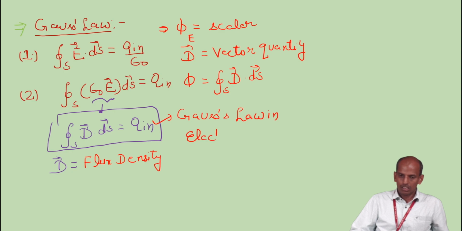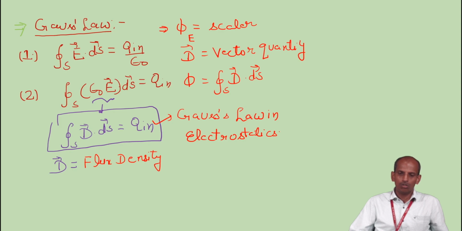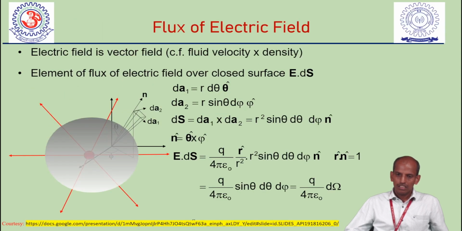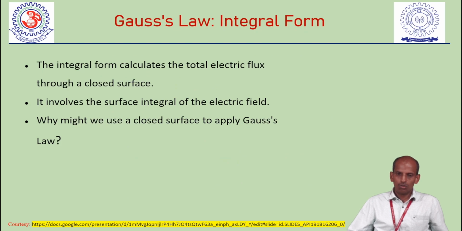Now what is the statement? The statement is that the surface integral of D dot ds is q in. Please keep this in mind, or the integral of E dot ds is q in over epsilon naught. This is how we define the Gauss law in electrostatics. At the engineering level especially, two forms of the Gauss law are used.